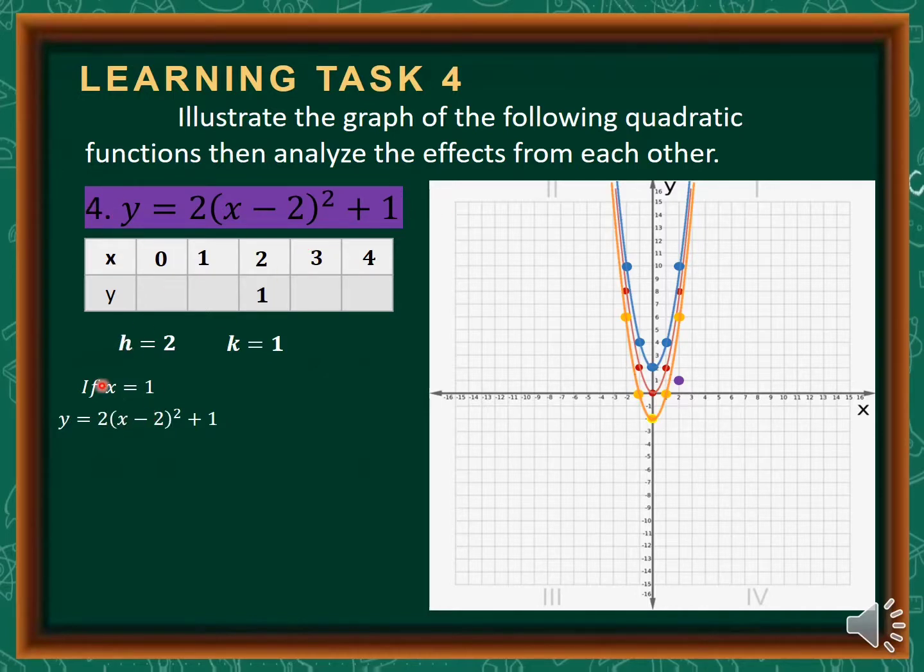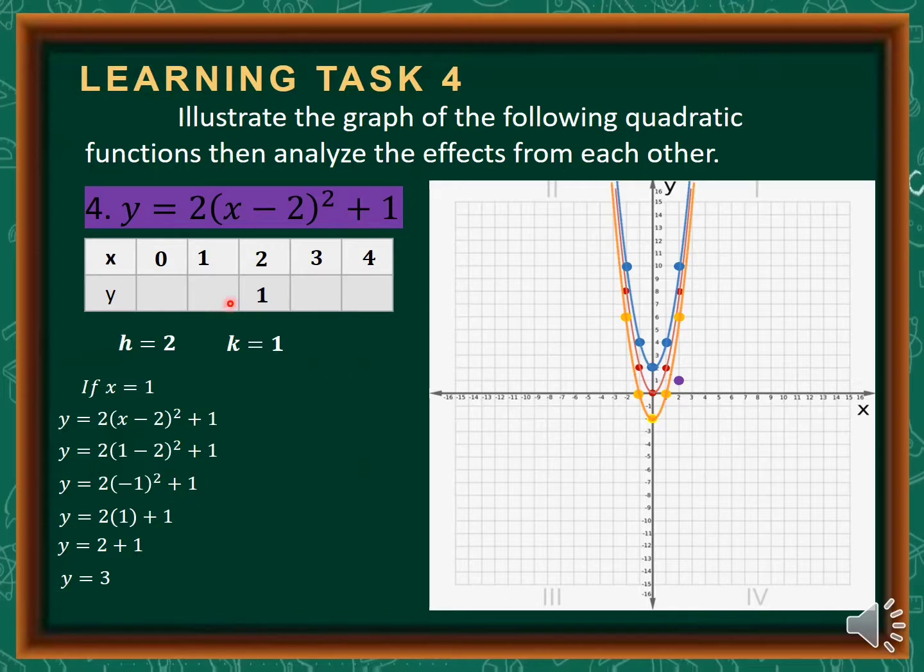Then, perform the operation inside the parenthesis, applying the PEMDAS rule. 1 minus 2, that is negative 1. Then, exponent tayo, negative 1 squared, that is positive 1. And 2 times 1, we have 2. 2 plus 1, we have 3. Therefore, if x is 1, our y value is equal to 3.